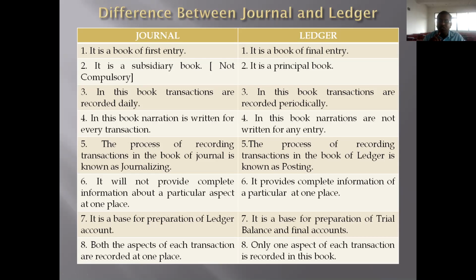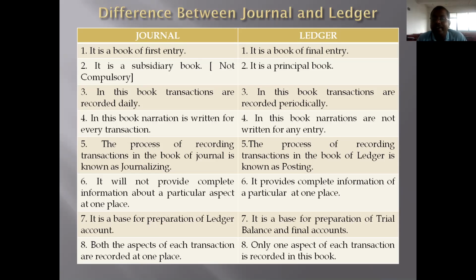In case of journal, both the aspects of each and every transaction are recorded at one place. But in case of ledger, only one aspect of each transaction is recorded in this particular book. For example, goods sold for cash.